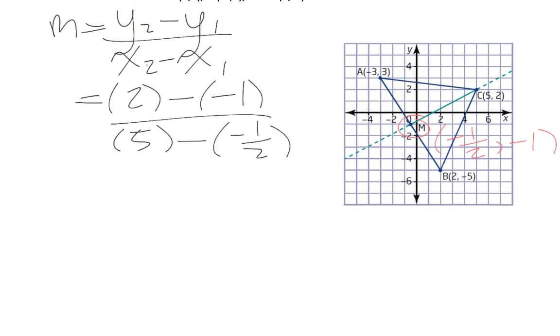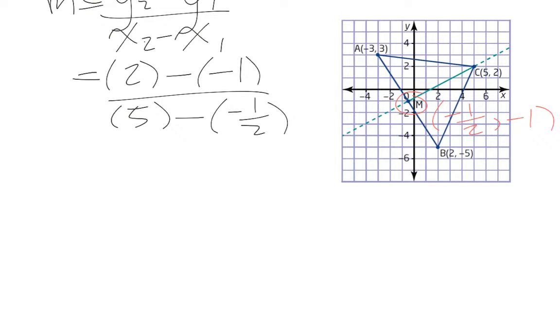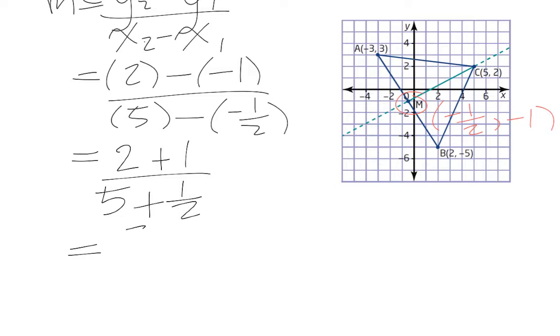Let's simplify some of these signs in our next step. The numerator stays the same. When you have two negative signs, that becomes positive, and same thing for the denominator. 2 plus 1 is pretty simple. That is 3. Now, 5 plus 1 over 2, that's a little bit tricky.